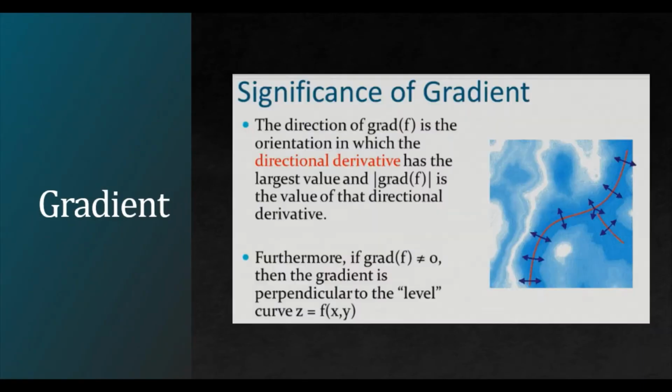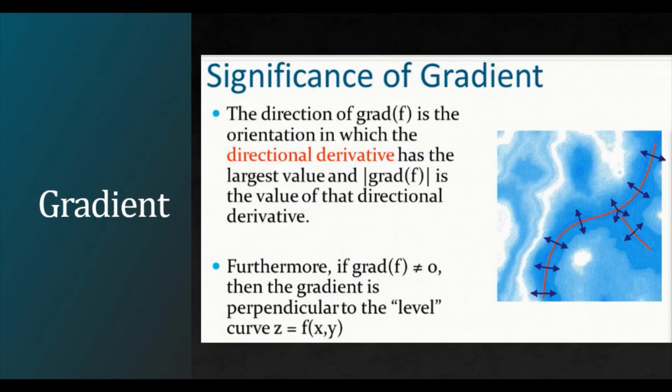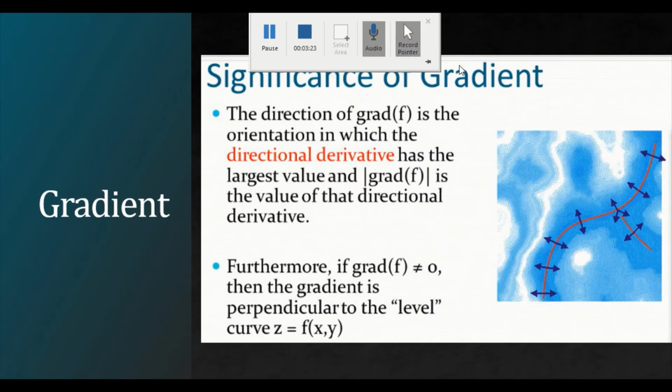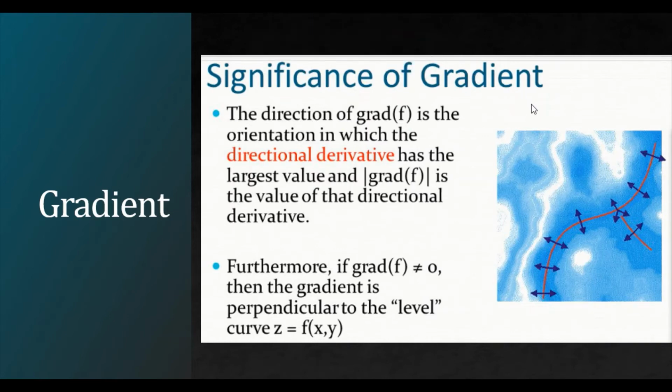So, what is basically a gradient? The direction of gradient f is the orientation in which the directional derivative has the largest value. Just now we have seen that z is changing as I move in the x direction and my value of y is changing.